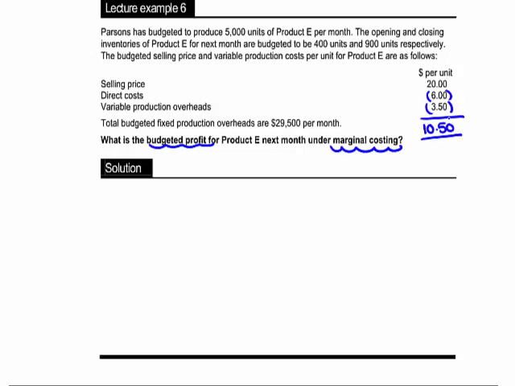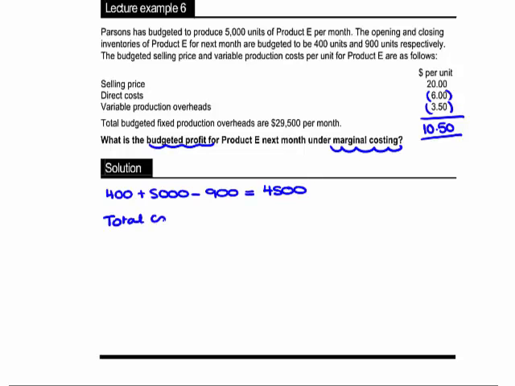Now we need to look at how many units we sold. Well, we start off with 400 and we made 5,000, but we're going to have 900 in stock at the end of the month. So that means in the month we must have sold 4,500.